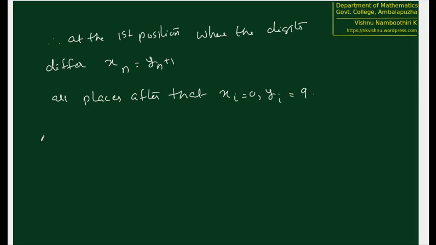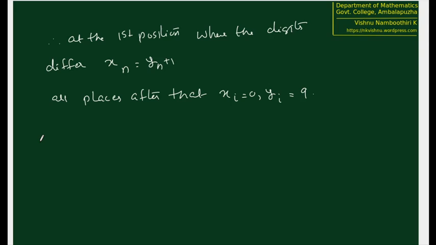So wherever the difference happens for the first time, after that position onwards, the first number, which has more positional value at the first place, will be having all zeros at the remaining places, and the second number will be having all nines in the remaining places.